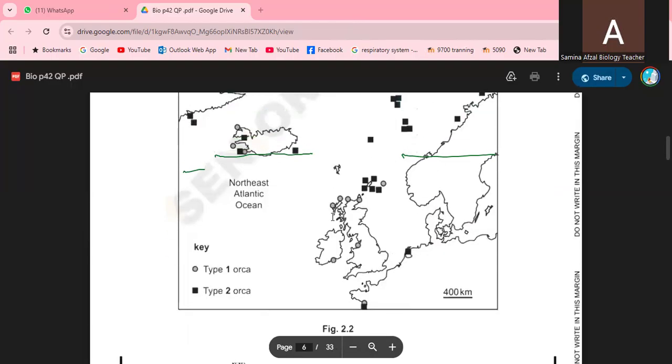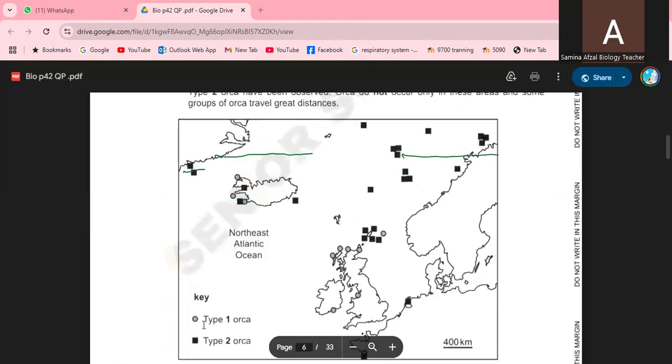So you can see the different areas. Type 1 orca has been shown with the circle, and type 2 has been shown with the small symbol here.